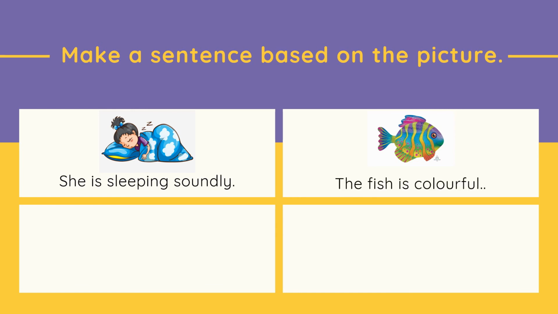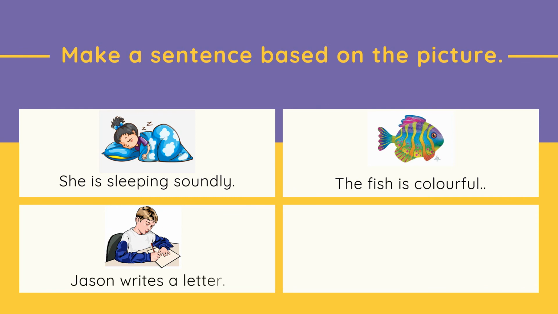So what can you say? The fish is colorful. Next one, this picture of a boy writing a letter. So what sentence can you make from this picture? Jason writes a letter.